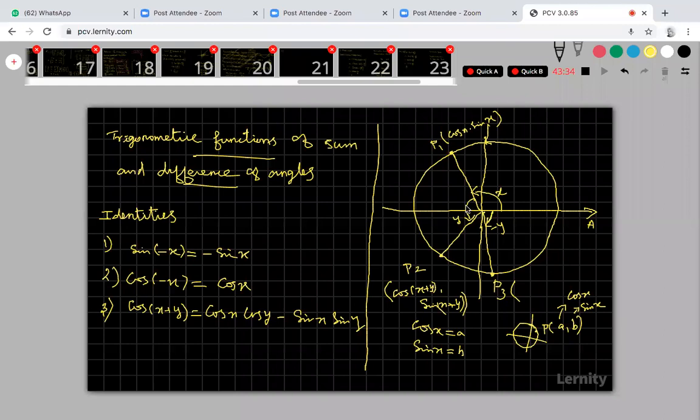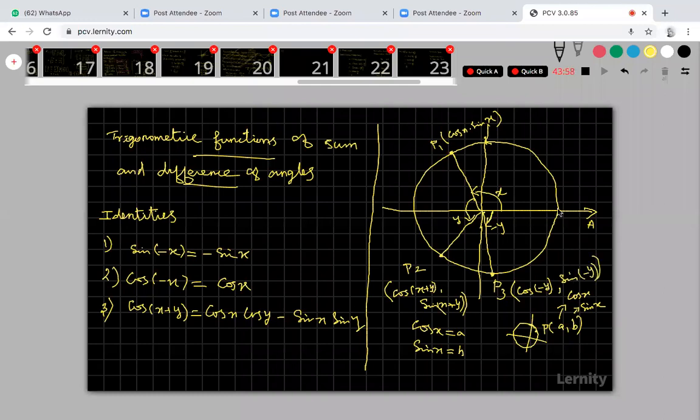What about the angle here? I am taking the negative angle, the same angle in the negative direction. So this is cos of minus y, because I am taking the minus angle from the initial side. So the x coordinate is cos of minus y and the y coordinate is sine of minus y.